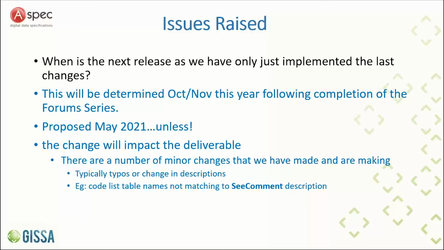A typical example that we found was in the code lists, where we have the C comment description. We tidied it up a lot for the May 31 release, but we've seen a number of instances where the C comment description just didn't match up with the table name. And so we're tidying those up as well.